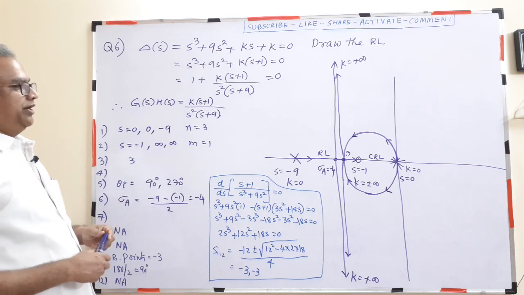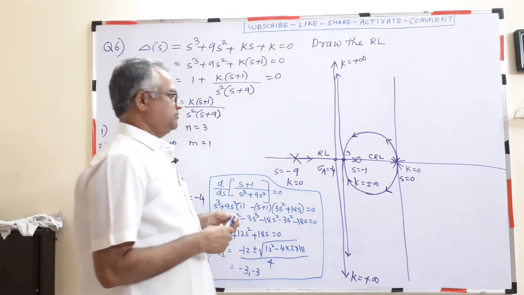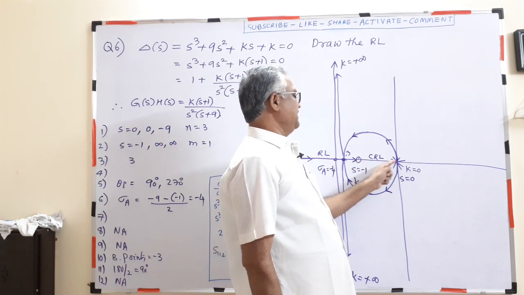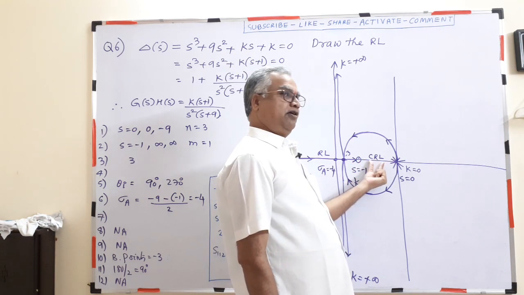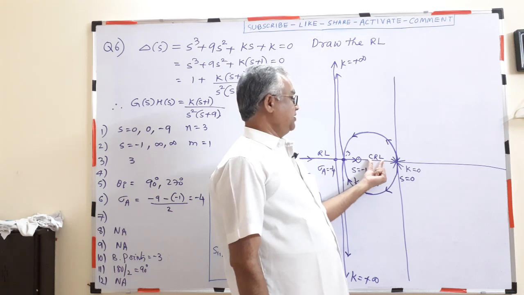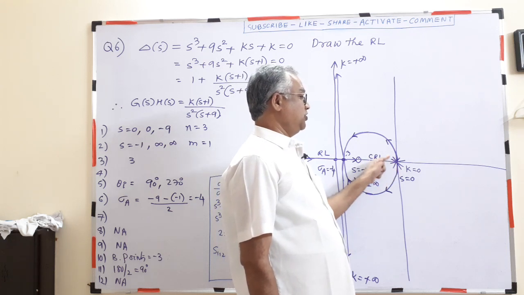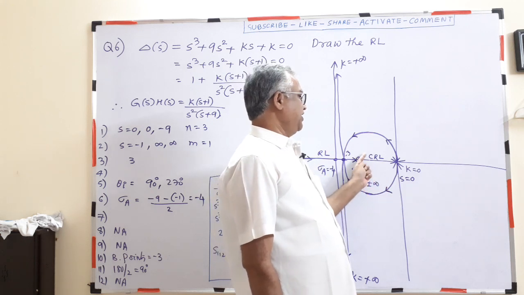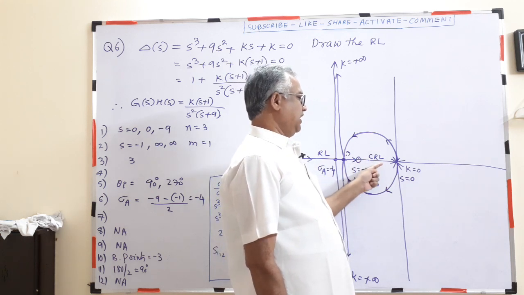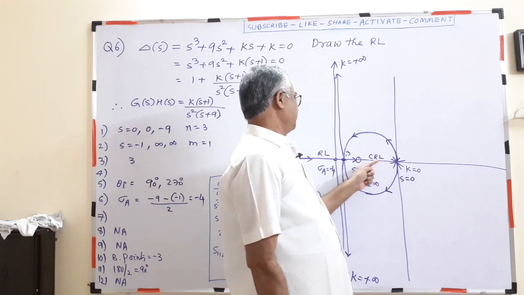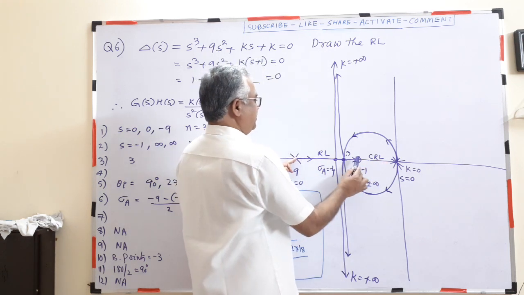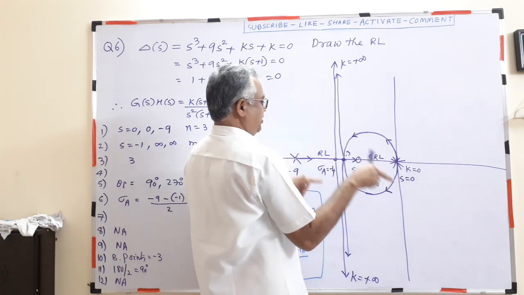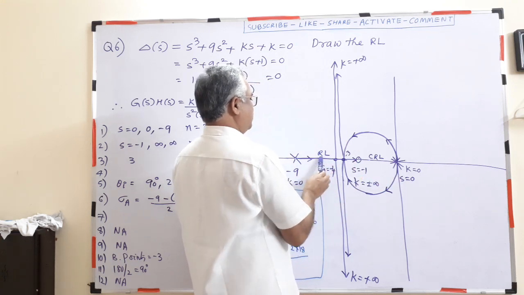Next, seventh point, root locus on the real axis. Now what is the uniqueness here? Between this, CRL (complementary root locus) is coming. Why is CRL coming? To the right of this section, two poles are there. 2 is an even number. If it is an even number, CRL will come. Then between this, to the right of this you count: 2 plus 1, 3. 3 is an odd number, so root locus.